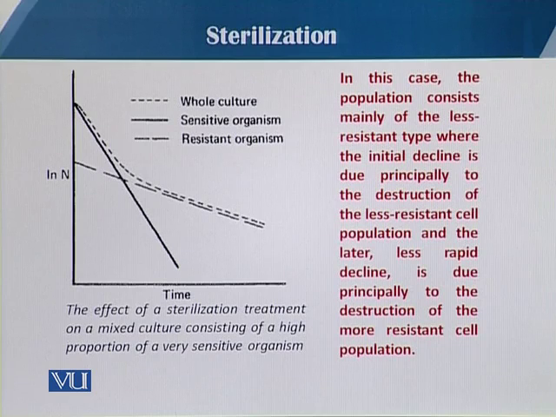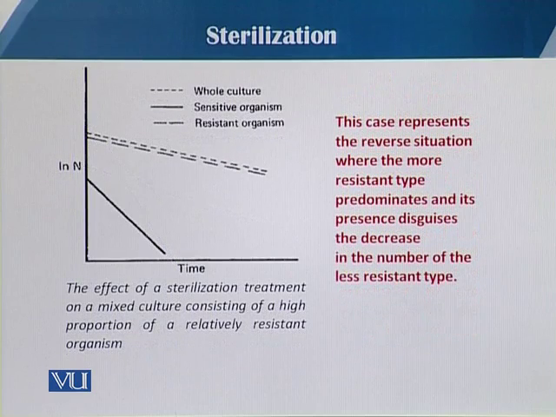So in the next case, when our culture has mostly a resistant population in the fermentation medium, you can see the whole culture, the sensitive organism and the resistant organism.